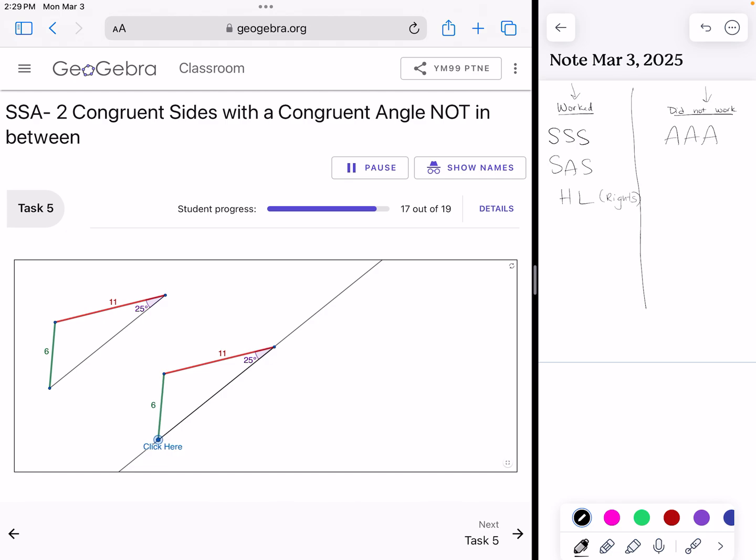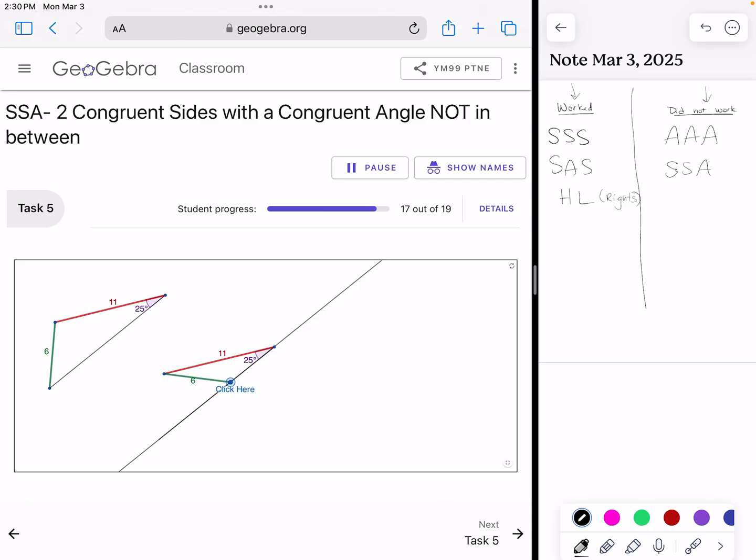Well, here's the exact one, and here's one that people don't think about, but I could swing this inside and get a completely different triangle. Because I can get more than one triangle, and a triangle that is different than the original, this is said to not work. So side, side, angle is not a congruence theorem.